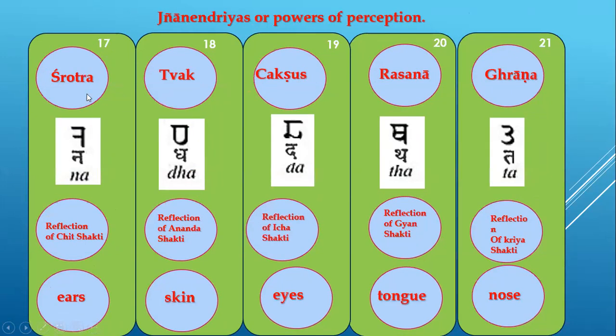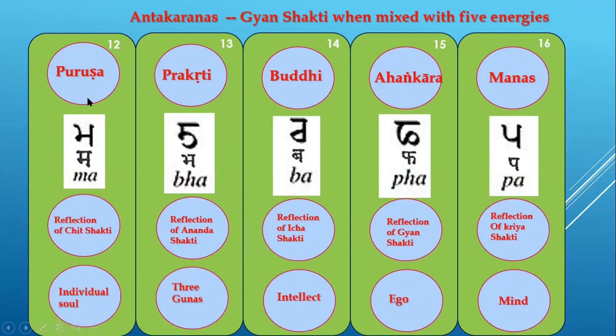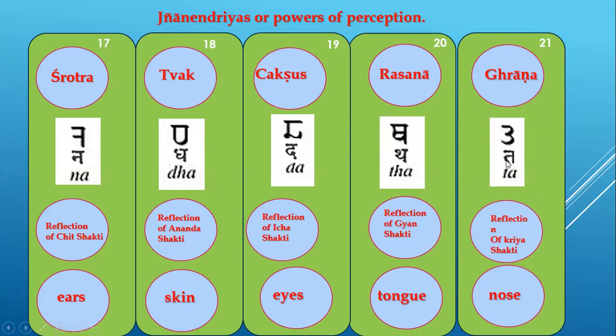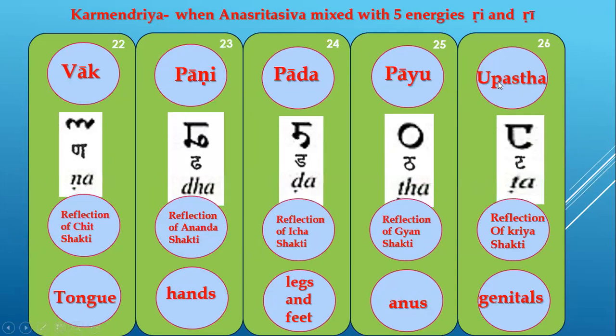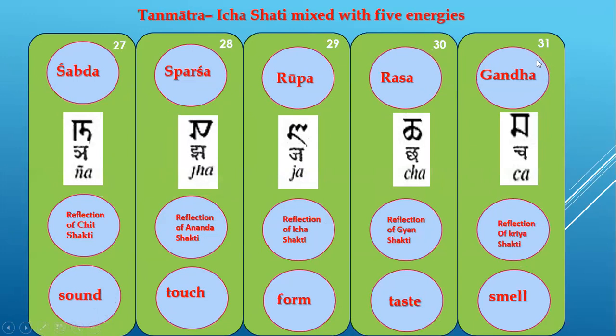Then 17 is Strotra. You see here Purusha, then Strotra, Tatha Dadana, Strota, Twag, Chakshu, Rasa, and Grana. Then 22, Upastha, Payu, Pada, Pani, and Vak, which are genitals, anus, legs and feet, hands and tongue. Then 27 to 31, Gandh, Ras, Roop, Sparsha, Shabda.